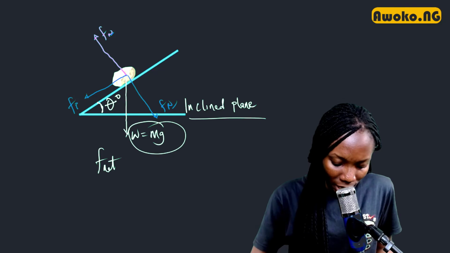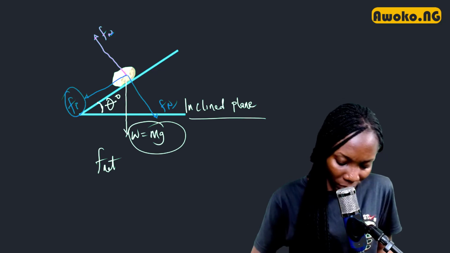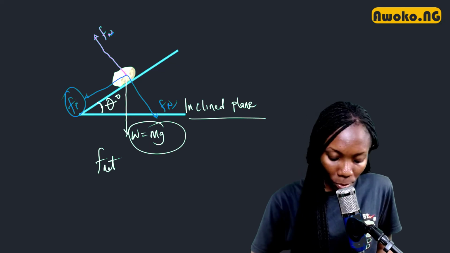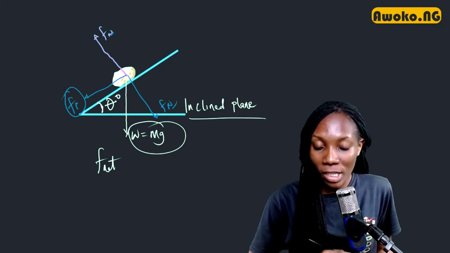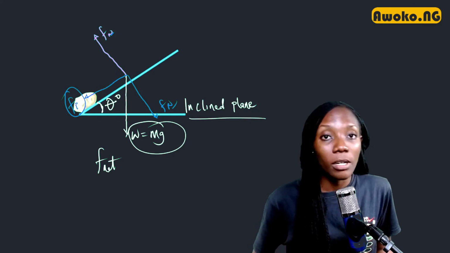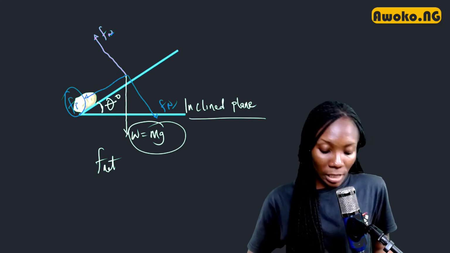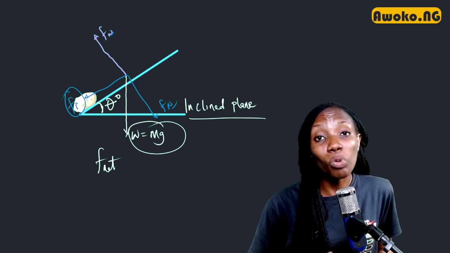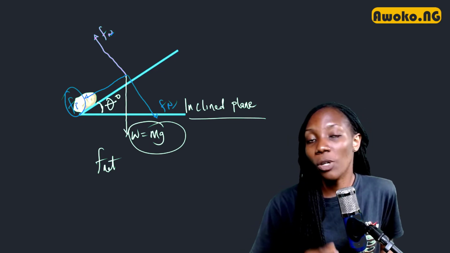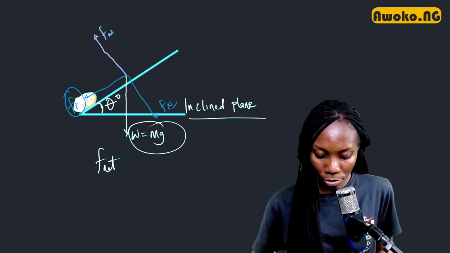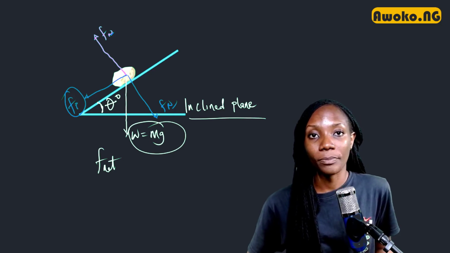You can see that this force here is not balanced at all by any other force, and so because of this, our object, which is a stone in this case, is going to slide down the plane, because this parallel force is not balanced, unlike the normal force, which is balanced by the perpendicular component of the force of gravity. All right, let's return our stone back.